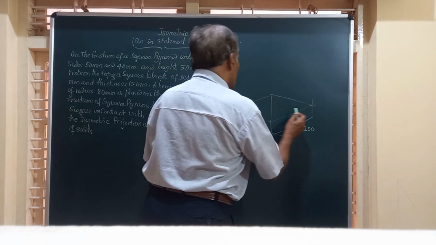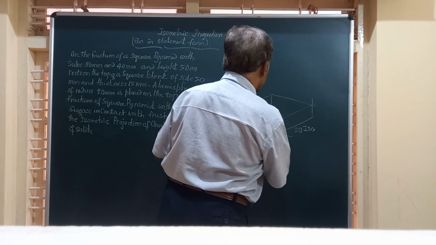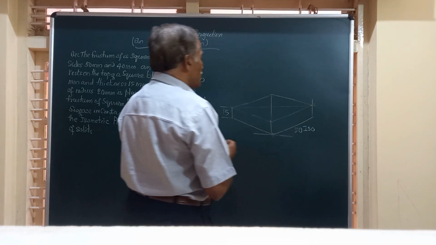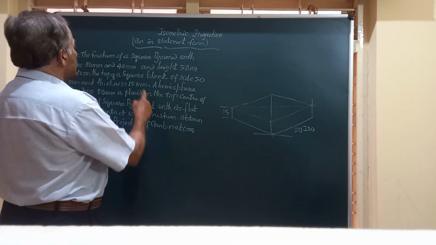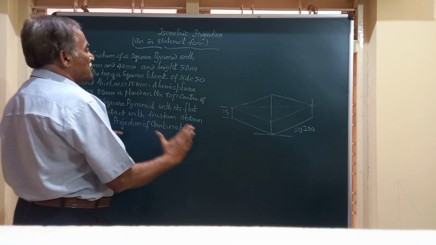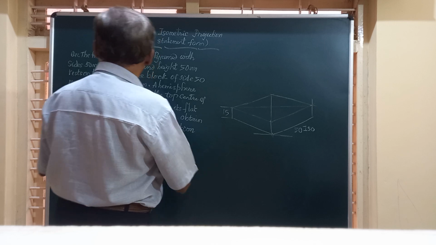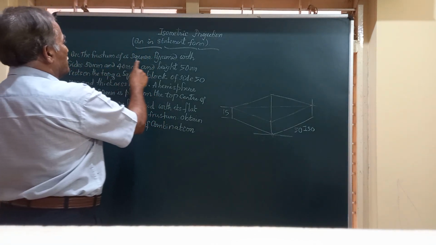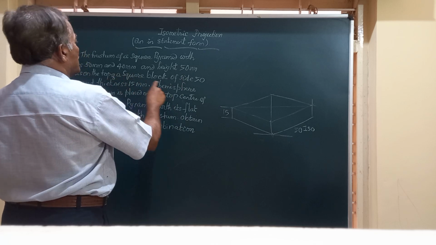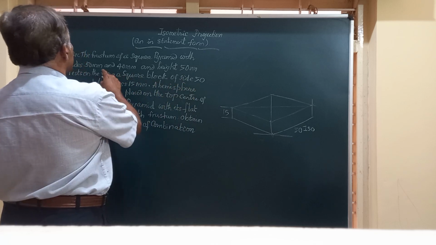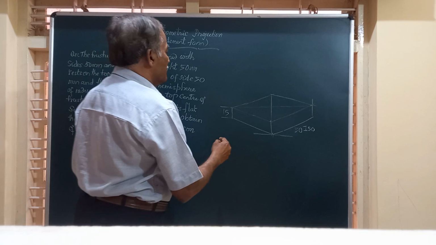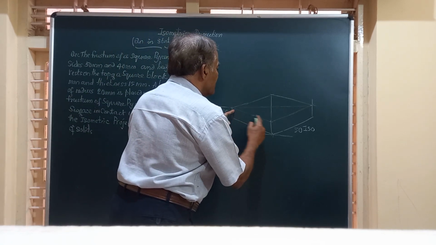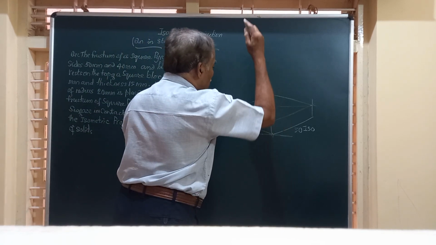Friends, now let us join these two together. Now this is the square block. And this is the frustum of a square pyramid. What dimension? It has dimensions 50 by 40. Over the square block of 50, this is 50 by 40. So here this is 50 again, and at the top it will be 40.